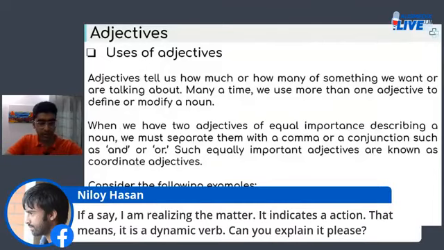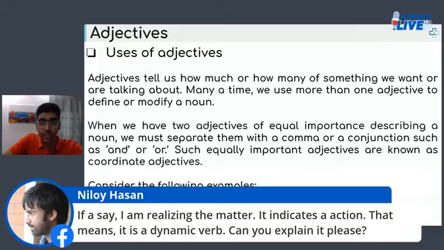I think we have another query here. I'm going to take this query. Nilay Hassan says, if I say I'm realizing the matter indicates an action, that means it is a dynamic verb. Can you explain it, please? Well, no. In this case, if you're asking me if realize is a dynamic verb or not, I would say that realize is actually a stative verb, because when you realize something, you don't physically pursue any action, do you?